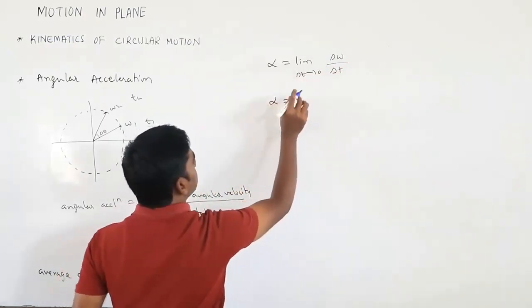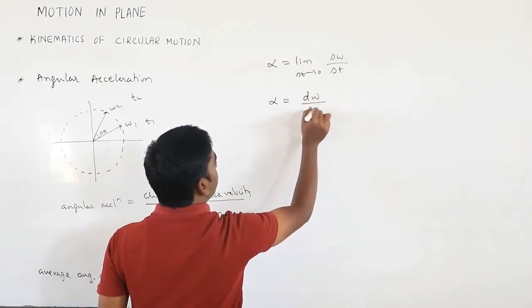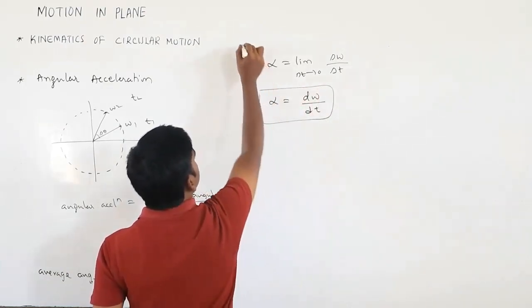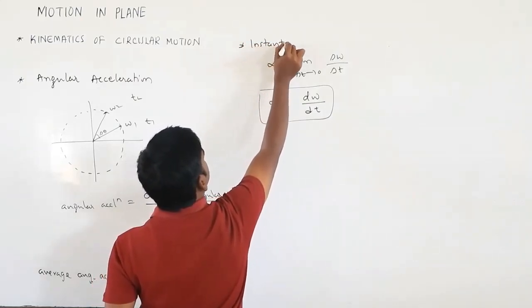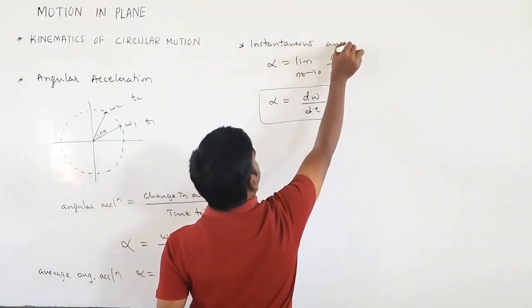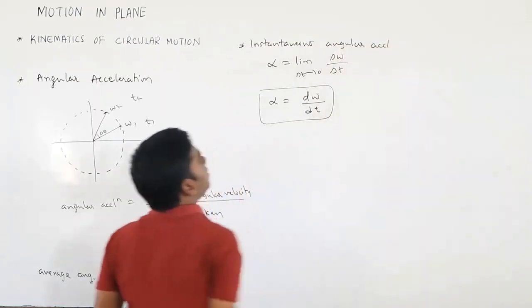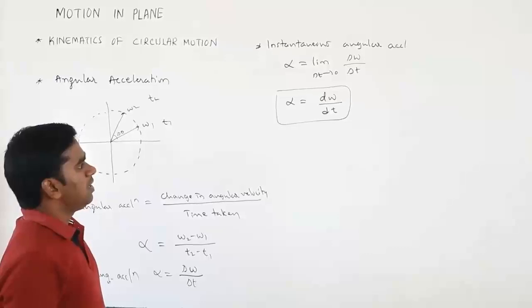So alpha equals d omega by dt. This is the instantaneous angular acceleration, alpha equals d omega by dt.